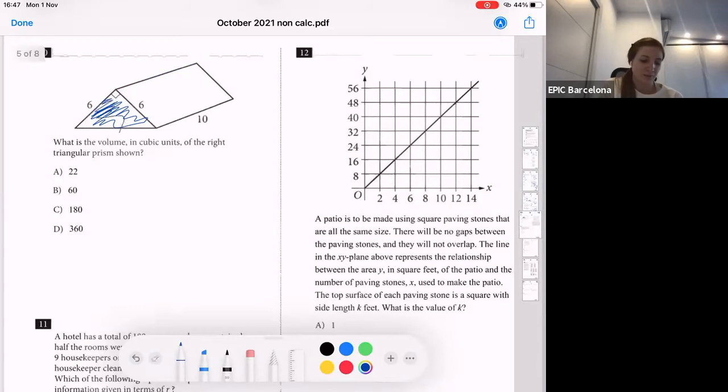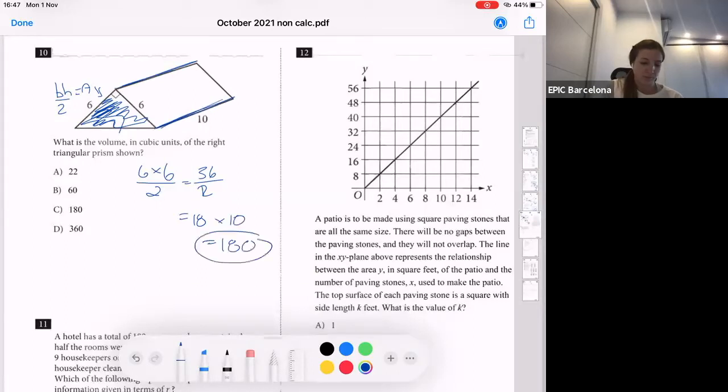We can just do 6 times 6 divided by 2. 36 divided by 2 is 18. So that's the area of this, because remember guys, base times height divided by 2 is the area of a triangle. And I just need to multiply by the height, which is 10, which is 180. And that is an answer choice.